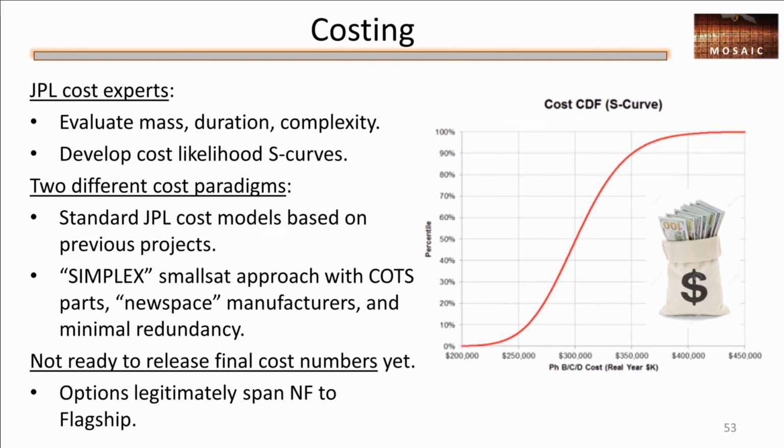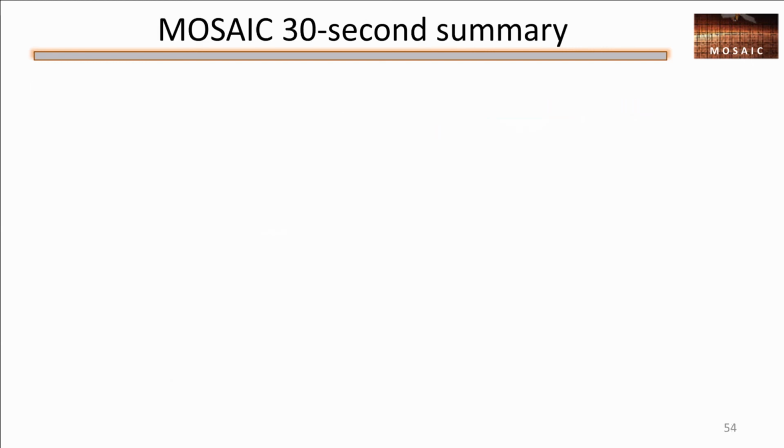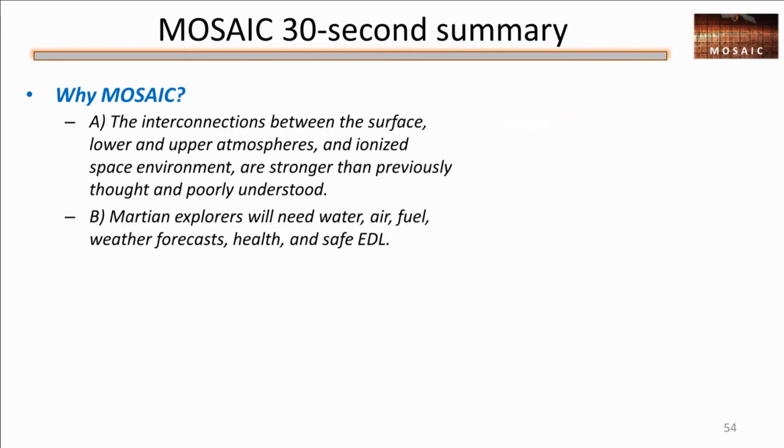One, we're using the standard JPL cost models based on previous projects, but we're also going to quote more of a simplex, small sat approach with common off-the-shelf parts and new space manufacturers, these small companies that do things in a more nimble way, with associated risk, of course, and also minimal redundancy. We're not ready to release the final cost numbers, but the options do legitimately span the New Frontiers up to flagship class.